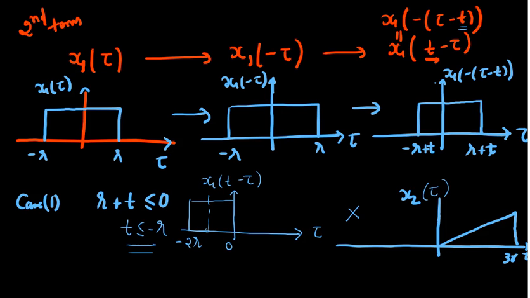Let me see once more that your r plus t is less than or equal to 0. This is possible when t is less than or equal to minus r. So I hope this is okay.